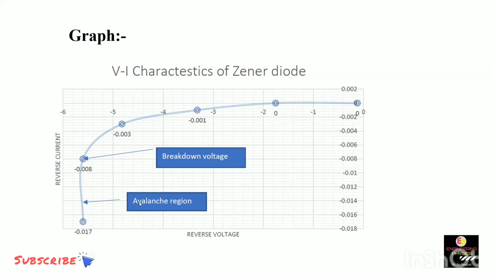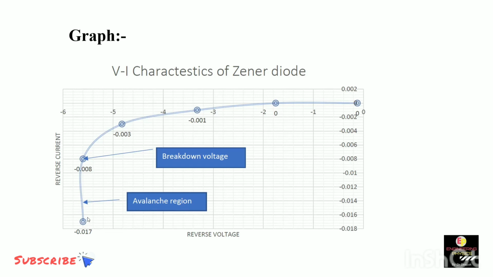Now here is the avalanche region. What is the avalanche effect? In a reverse biased PN junction diode, there are minority carriers in the depletion region. These minority carriers have sufficient kinetic energy to knock out electrons from the atoms, and multiplication of electrons takes place, like 2, 4, 8, 16, in this way. The current starts increasing and the depletion layer is depleted.